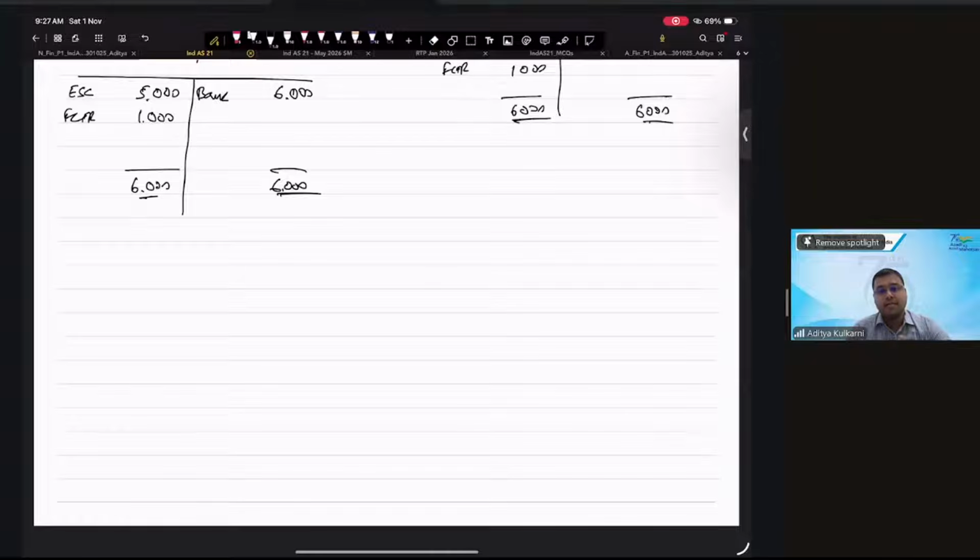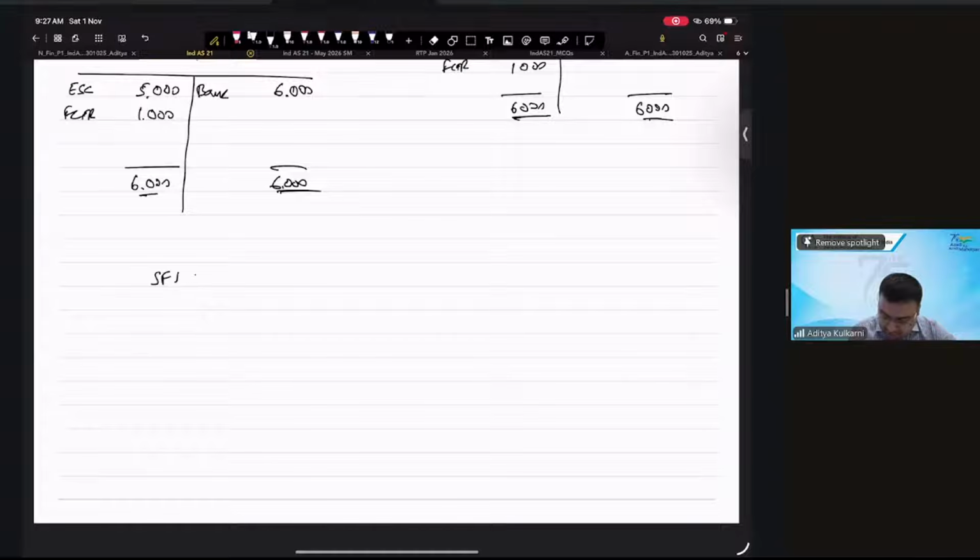Because in standalone financials, FCTR will not come. It is a transaction: I gave money to my subsidiary. So it is a monetary item. I will convert it at the closing rate. Gain or loss, I will take it to the P&L. This is a standalone financial.